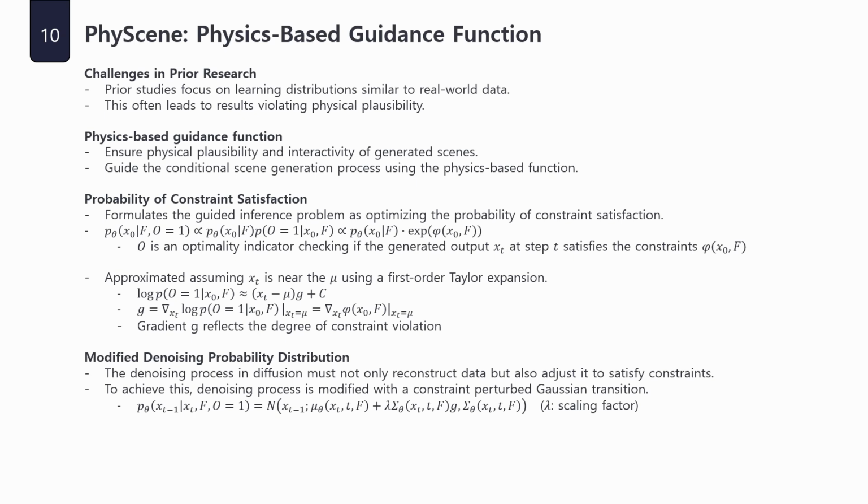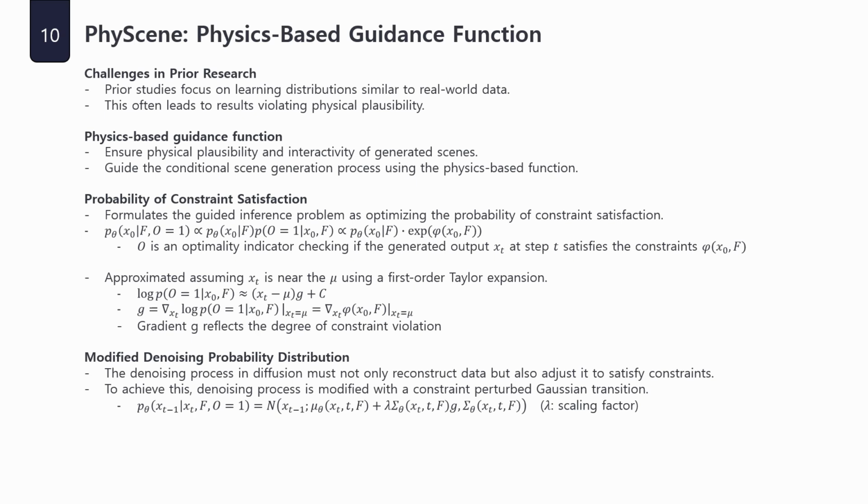To calculate the probability of constraint satisfaction determined by the constraint function, xt is assumed to be near the mean and approximated using a first-order Taylor expansion. Through this process, the probability of satisfying the constraint is simplified. The gradient represents how much xt violates the constraints. This approximation process allows the computation of g, which provides the degree of constraint violation and the directional guidance required for the guide function, without directly calculating the probability of constraint satisfaction.